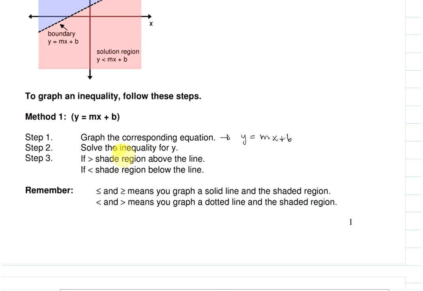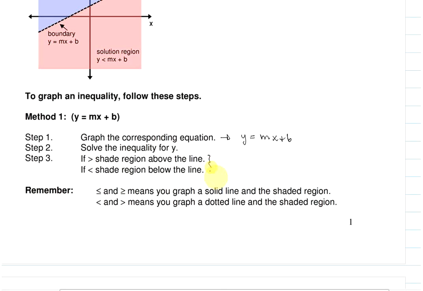You want to solve the inequality for y, which simply means that you want to isolate for y and consider whatever the inequality is. It will tell you whether you're going to graph above or below the line. Once you've written it in this form, then if it reads greater than, you shade the region above the line. If it reads less than, you shade the region below the line.